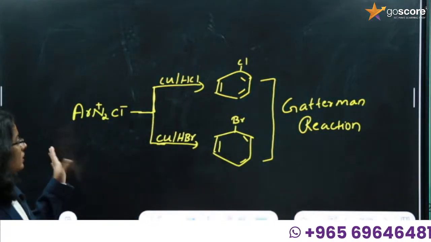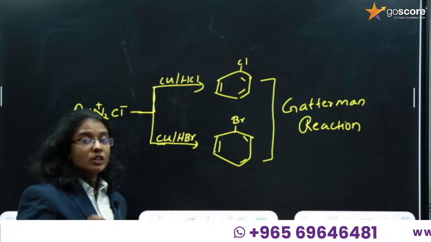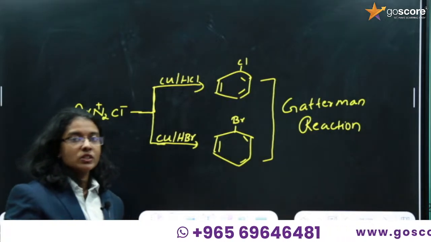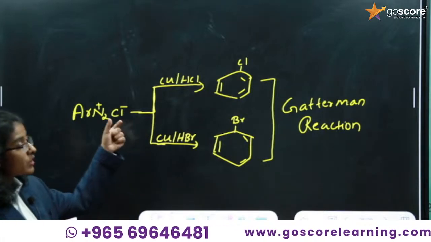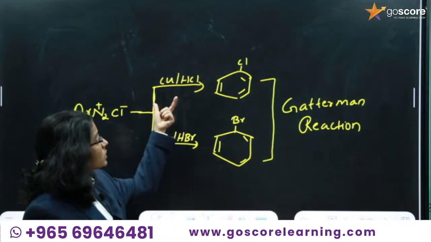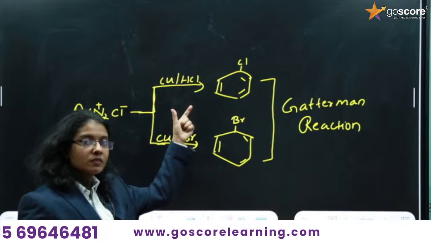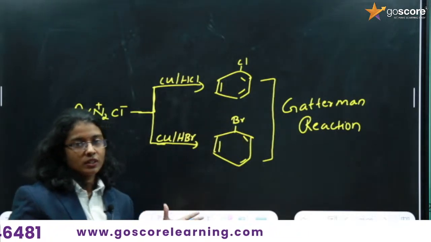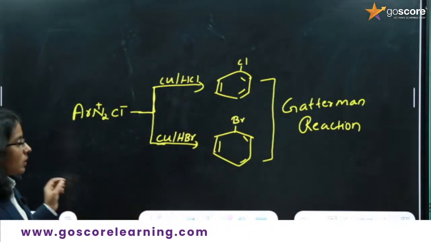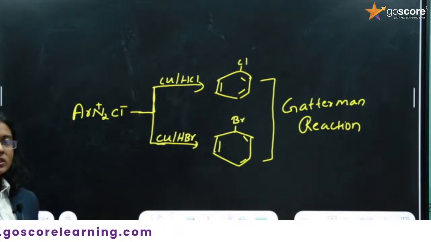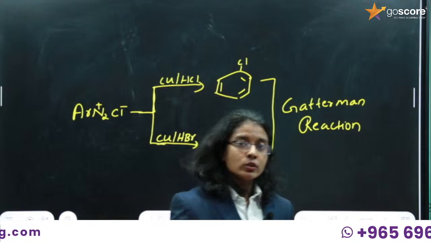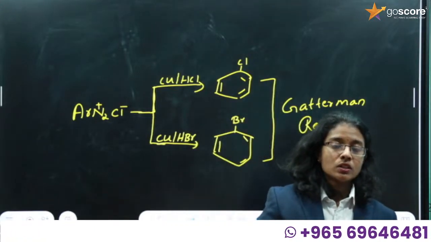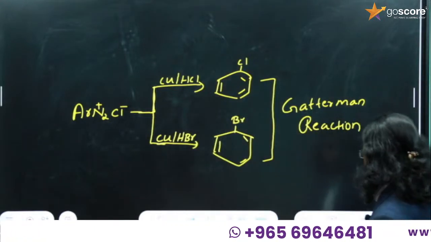So is it clear? If you are treating with Cu2Cl2 in presence of HCl, you will get chlorobenzene. Instead of that Cu2Cl2, if you are using copper powder also in presence of HCl, you will get chlorobenzene. So in your exam, there will be a question like this: convert benzene diazonium chloride to chlorobenzene. How will you convert that?